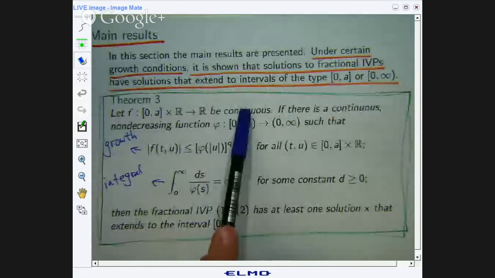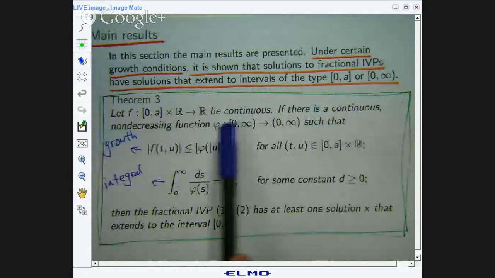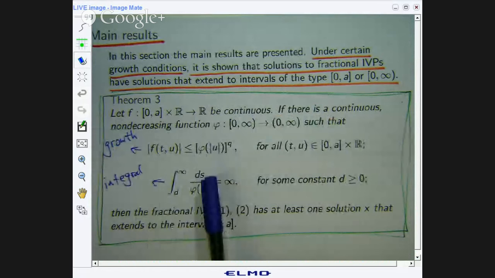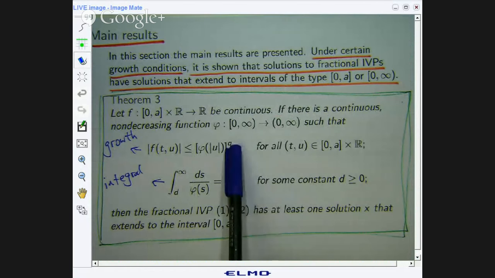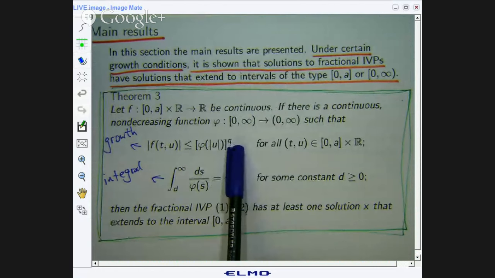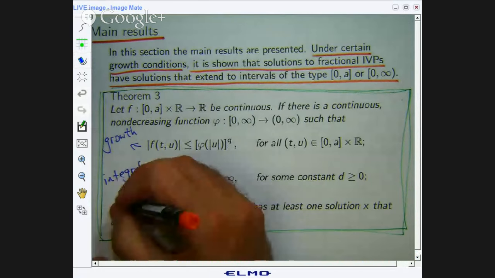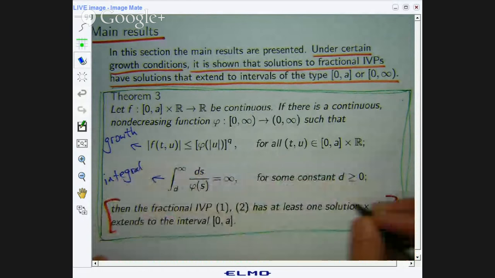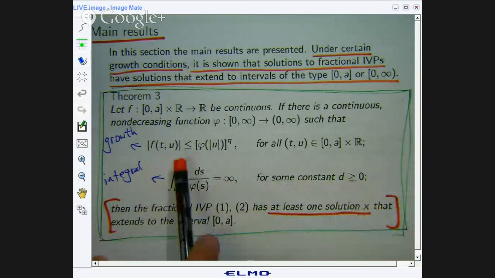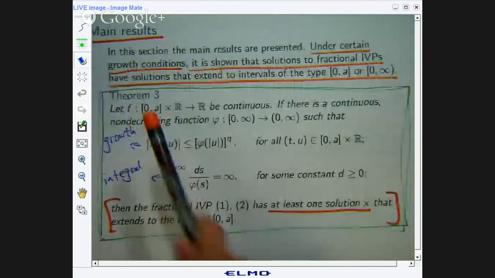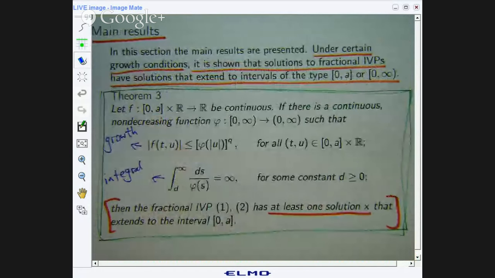Here we're assuming continuity, we're assuming F satisfies some growth condition, and phi satisfies some integral condition. Note also that this growth condition depends on the order of the differential equation, which is kind of cool. And the conclusion is the fractional differential equation 1, 2 has at least one solution that extends to the whole interval where F is defined in the t interval.